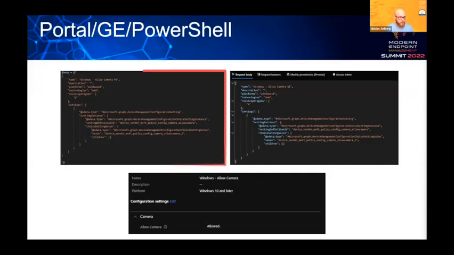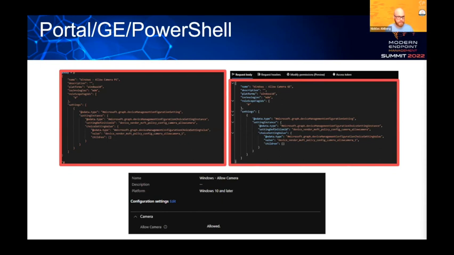So here I just want to point out, guys, it's the same. The body will be the same by using Graph Explorer and PowerShell. So the transition from Graph Explorer to PowerShell is really easy, and the end result will be the same. So please do keep that in mind.